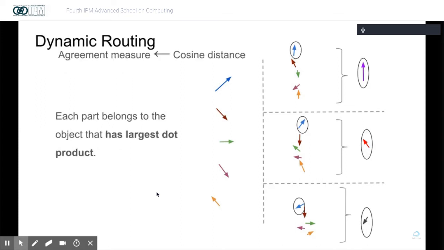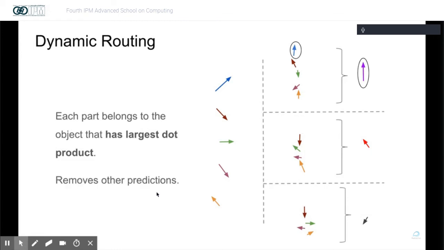Now, orientation was our indication of coordinate frames. So, in order to measure the agreement, we measure who belongs to who. We take the dot product of each prediction with the new capsule coordinate frame guess. Choose the one with maximum dot product as parent of the blue capsule.